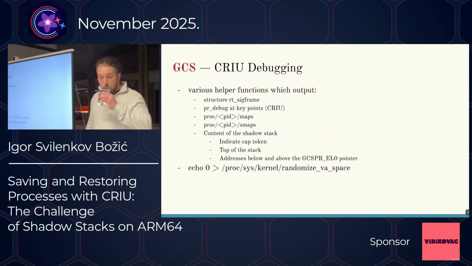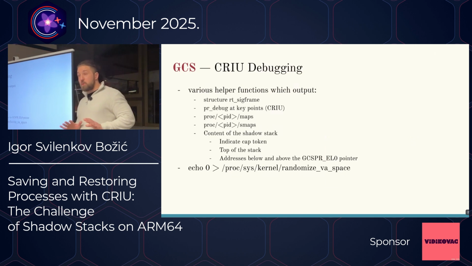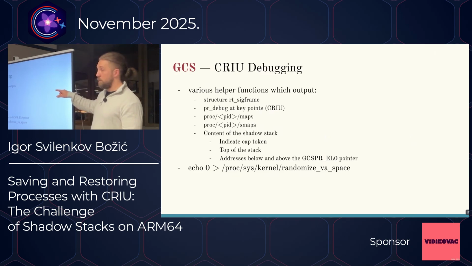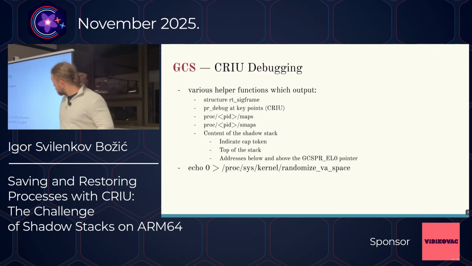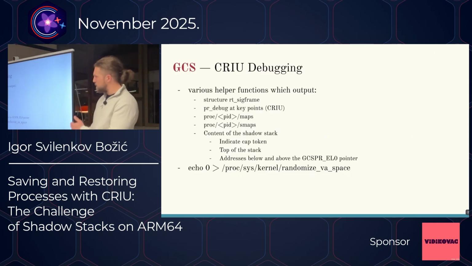And so for debugging CRIU, not the kernel, it was really useful to just dump a lot of this SIG frame structure to understand first, because this was all new concepts for me. I didn't really know much about it. And okay, CRIU debug prints at some points in the parasite, outside of the parasite.